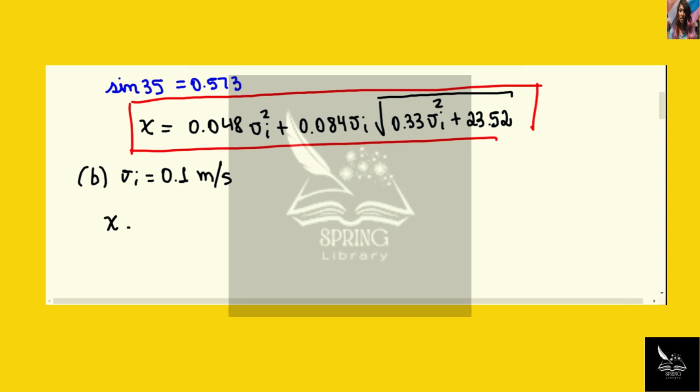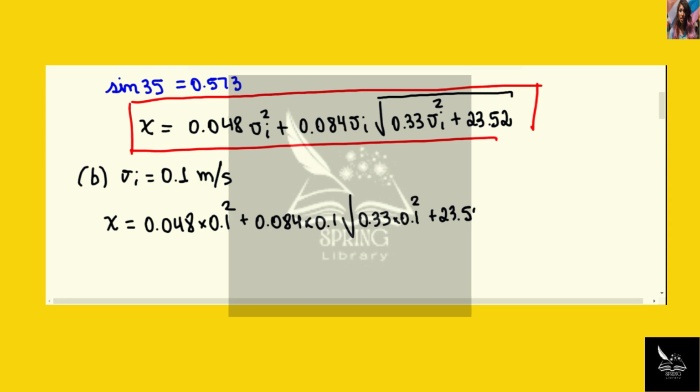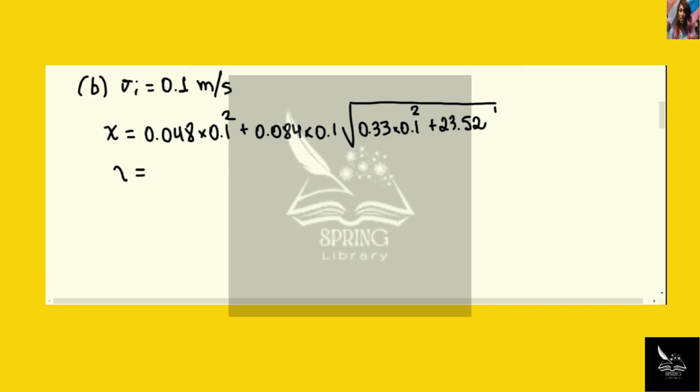So for vi equals 0.1, we have 0.048 times 0.1 squared plus 0.084 times 0.1, this times the square root of 0.33 times 0.1 squared plus 23.52, and this is equal to 0.041.